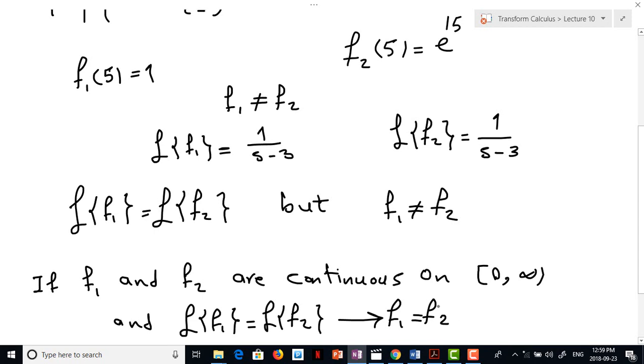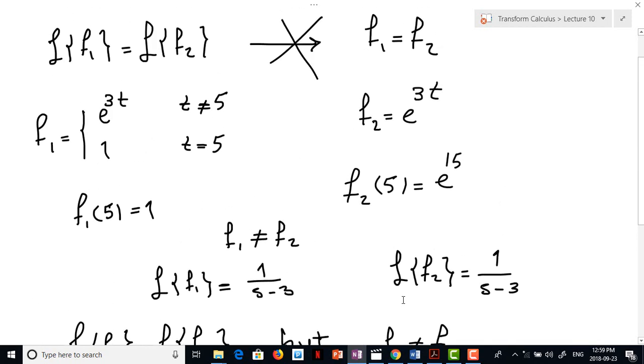But for our example here, f1 was not continuous on the range of 0 to infinity.